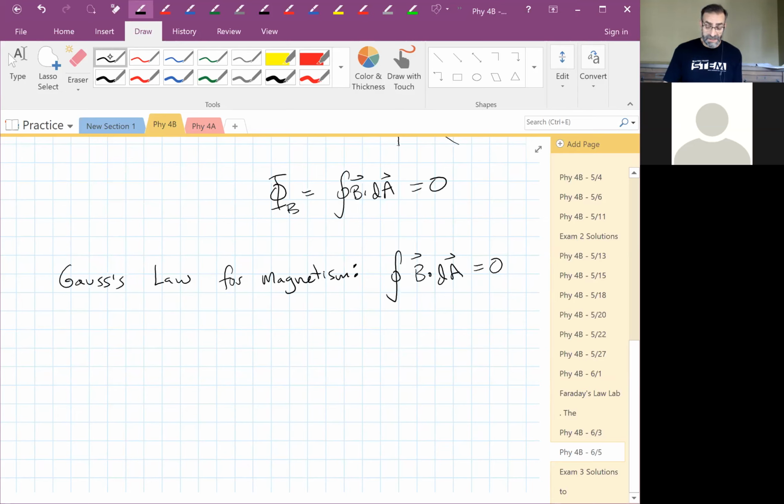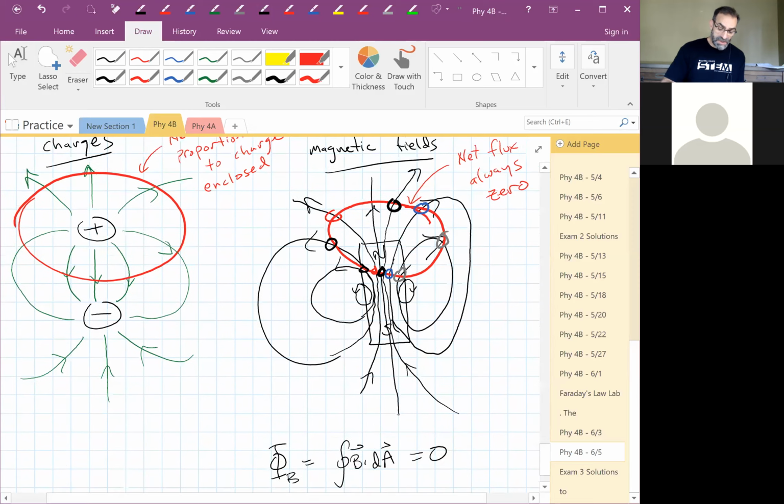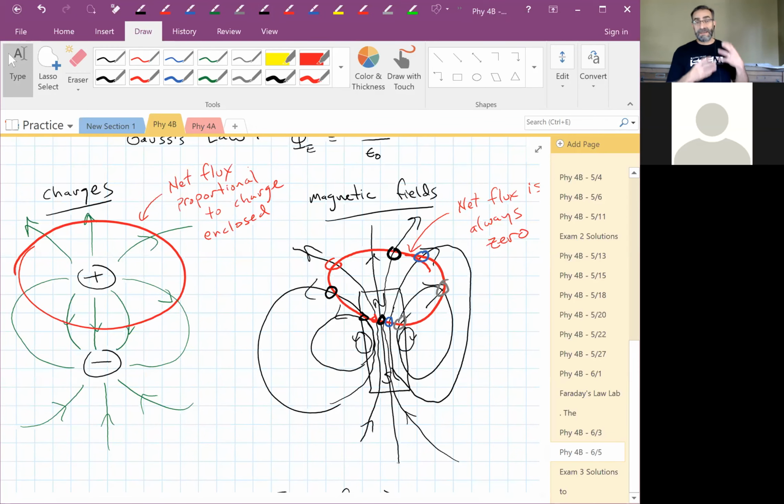This is by observation, okay? We've come to this conclusion by observation. What does it tell us? It tells us there are no magnetic monopoles. North and south poles always come together. The electric charges, we can have a positive charge or a negative charge. They don't always come as a pair. We can have a positive charge by itself, and so we can have a net flux.